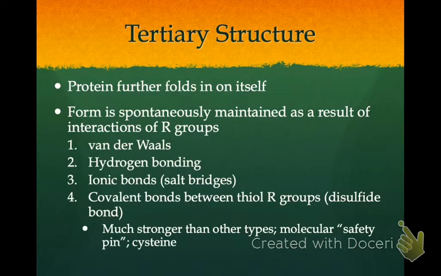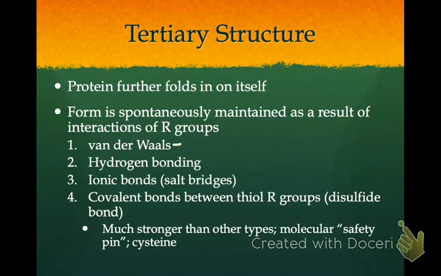Now, we haven't seen any R group interactions in any of the other two structures, but here is where the R groups will start to interact, and there's 4 types of interactions. The first type is van der Waals, and if you remember anything about van der Waals, those are the London dispersion forces.